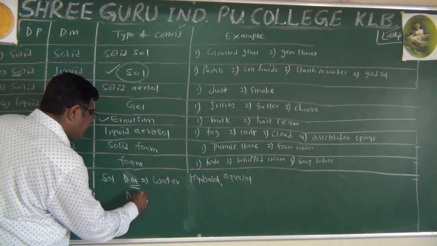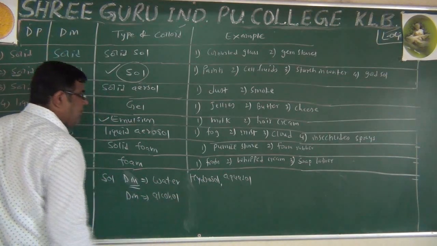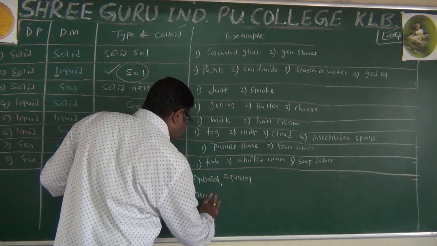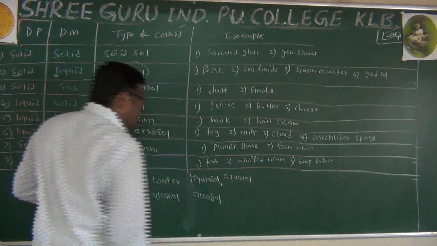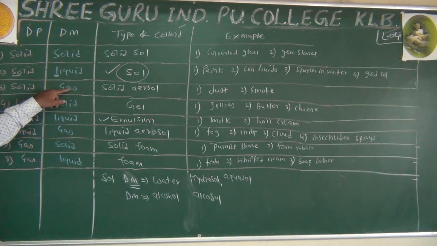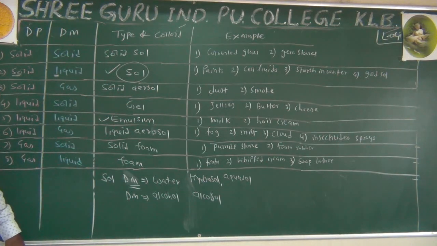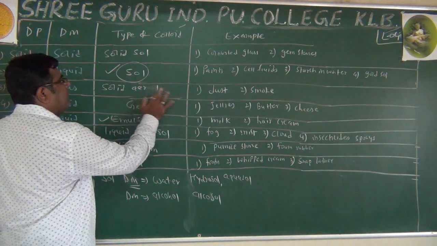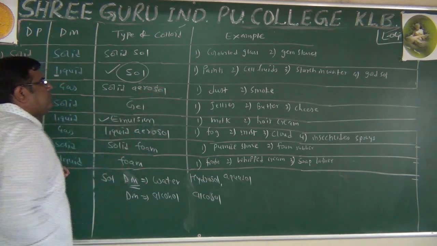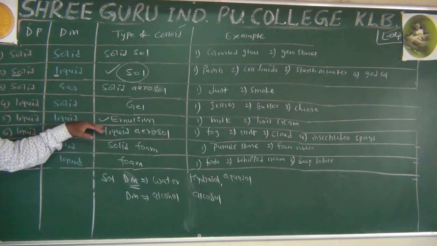And if the dispersion medium is alcohol, we call it alcosol. And if the medium is gas, we call it aerosol. Like that. So these are some additional points.